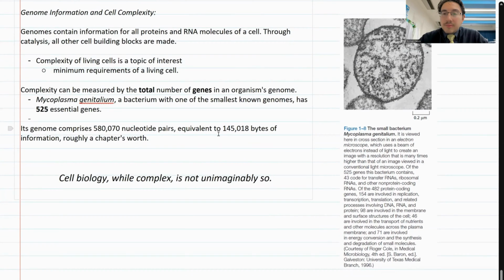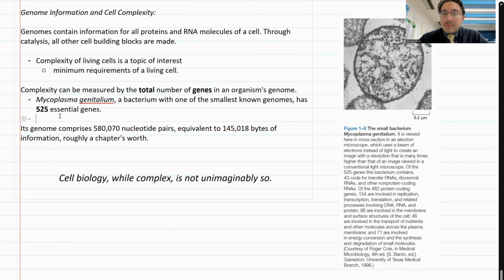Equivalent to 145,000 bytes of information, which is roughly a chapter's worth. So that's so interesting, with this little amount of data. I don't want to say little, that's an understatement, because that's still quite a lot, 525 essential genes.